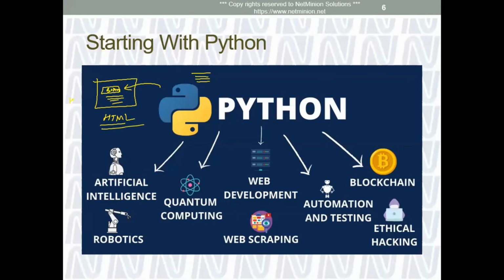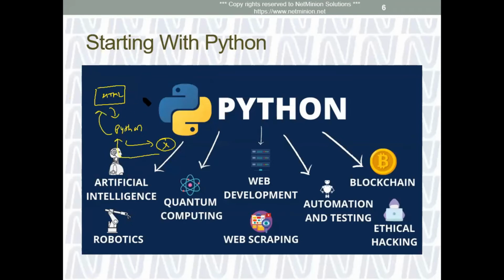The end user doesn't know how it is working. But how is it working? HTML will invoke Python. Python will go to the device. The device will give some result. That result will be represented in HTML format again using Django.